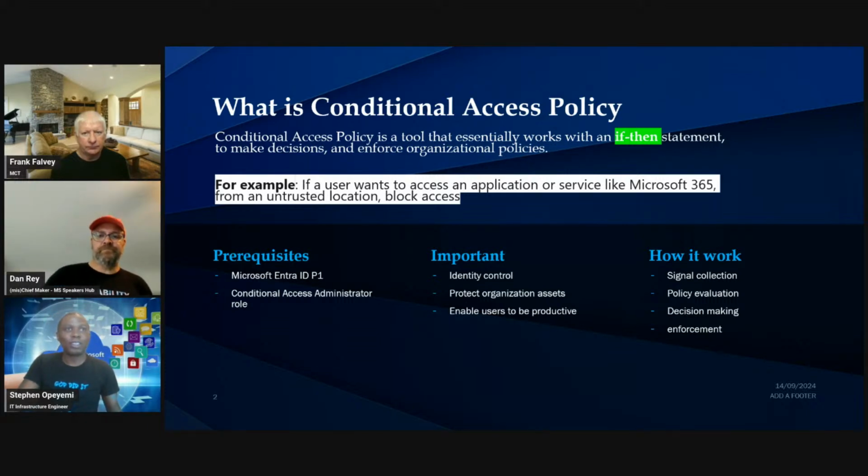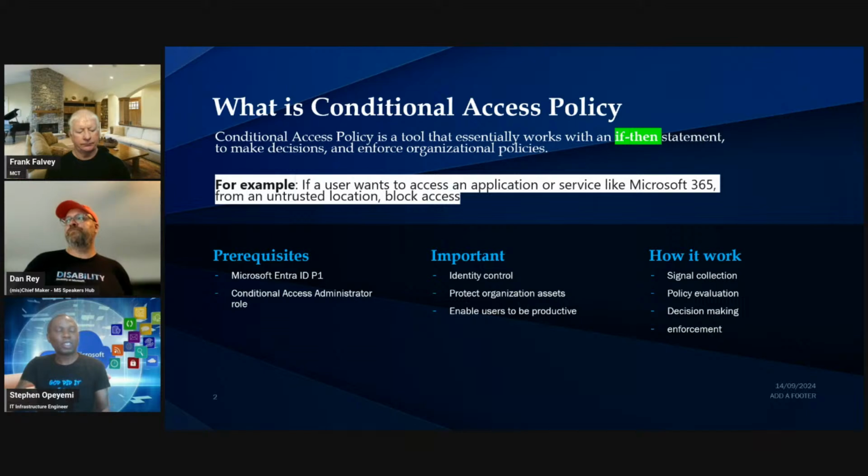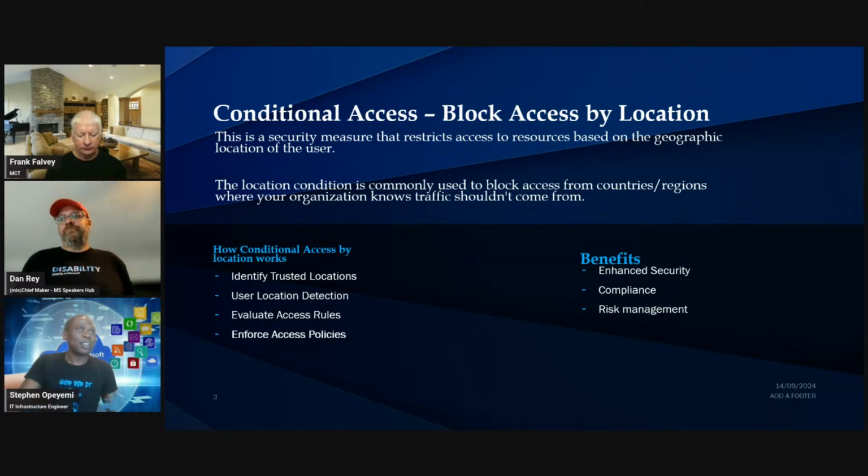Now, how does it work? It involves signal collection, then policy evaluation, where it evaluates the policy that has been set, then decision making, and then enforcement. Conditional access policy by location is a security measure that restricts access to resources based on the geographic location of the user. The location condition is commonly used to block access from countries and regions where your organization knows traffic shouldn't come from.